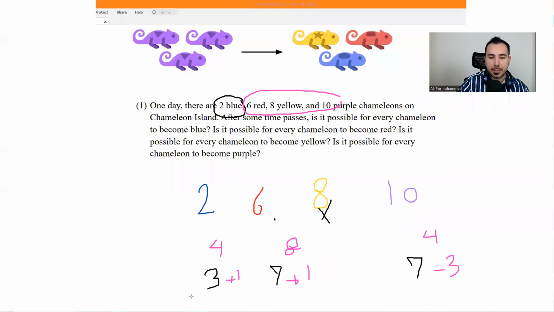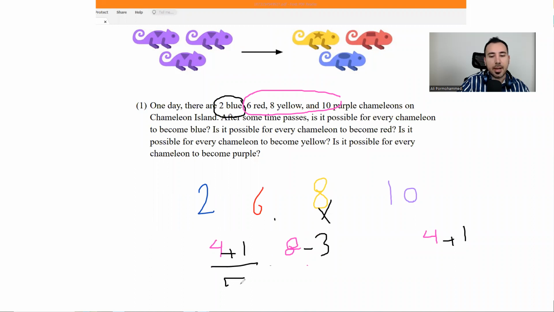Okay, you could still see that the big number minus the small numbers will create 4s. 8 minus 4, 8 minus 4. And then again, this one, minus by 3, plus by 1, plus by 1. So this will be 5, 5, and 5.